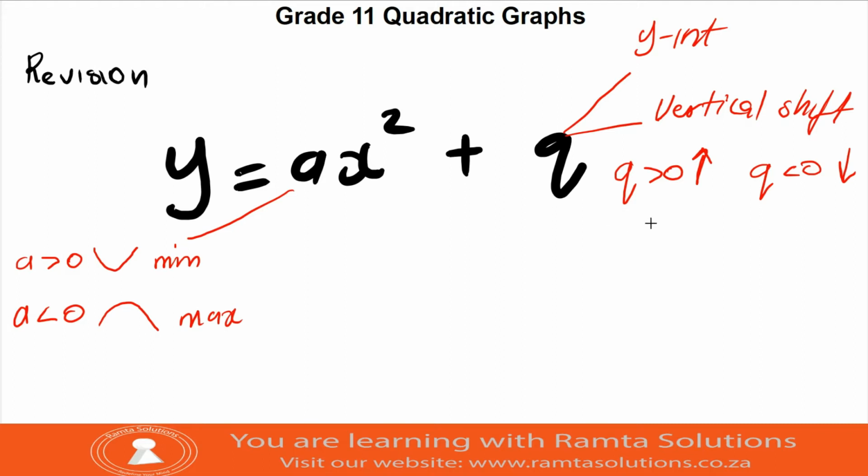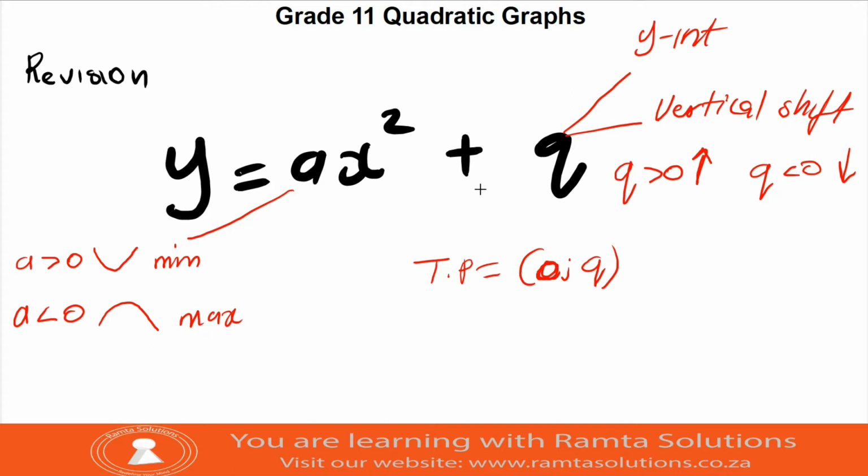And it was also giving you your range, right? While we are on it, our turning point in grade 10 had the coordinates 0 and q.